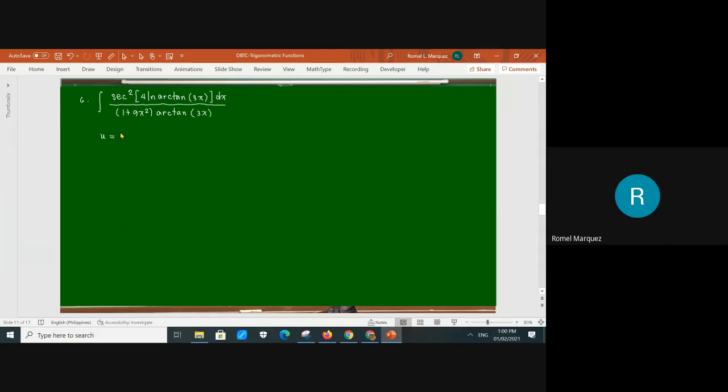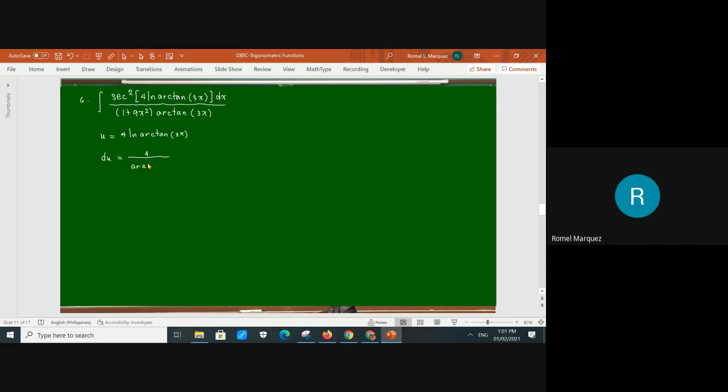Sir, ano po? 4 ln arctangent 3x po. Or ln of arctangent 3x. What about the du? What is its derivative? Anong derivative nito muna? 1/4 times 4 over, because you have 4 there, over u.